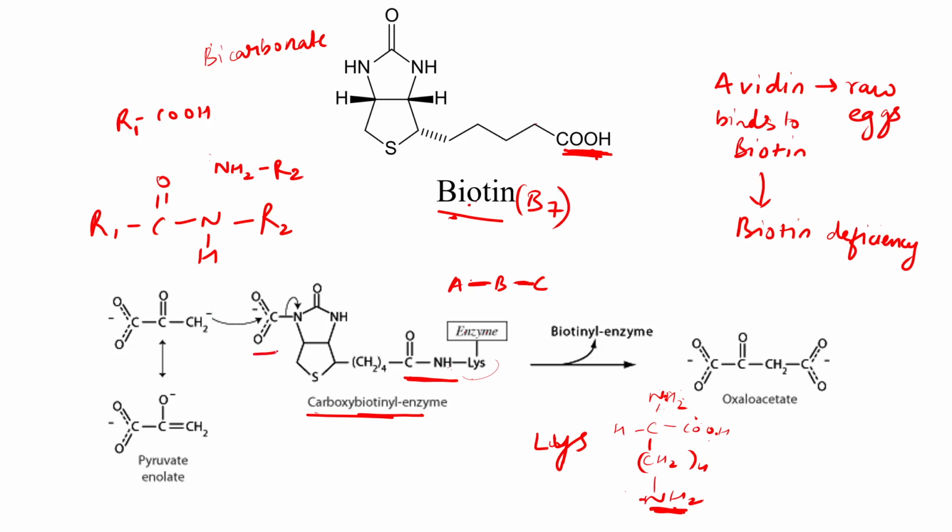So, you see a carboxyl group is here. This carboxyl group has been acquired by biotin from a bicarbonate. Biotin binds to the enzyme through a lysine residue, and the carboxyl group will attach to this part of biotin, coming from a bicarbonate.